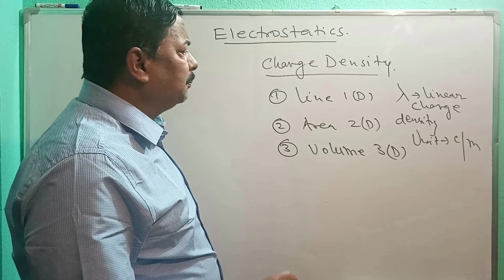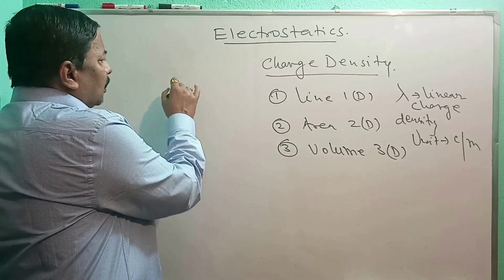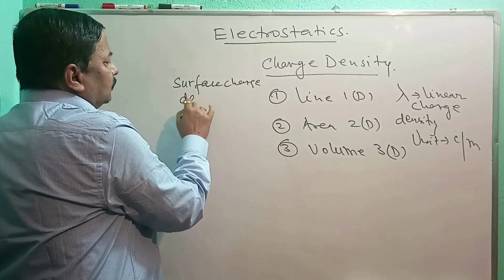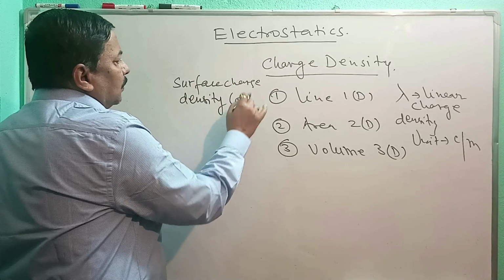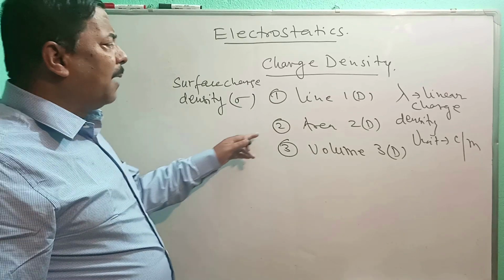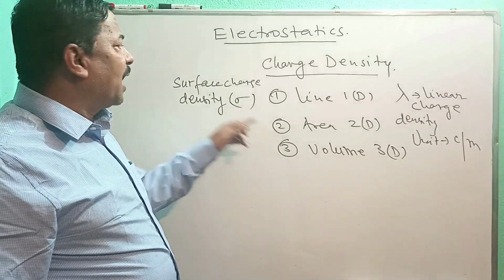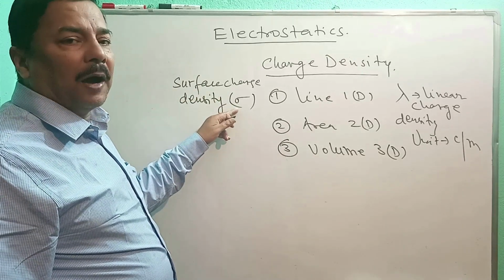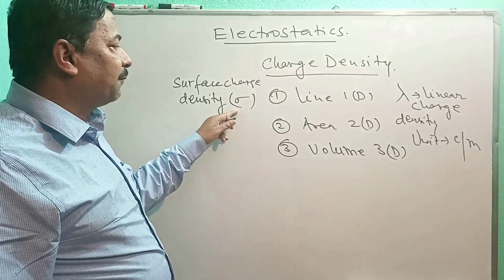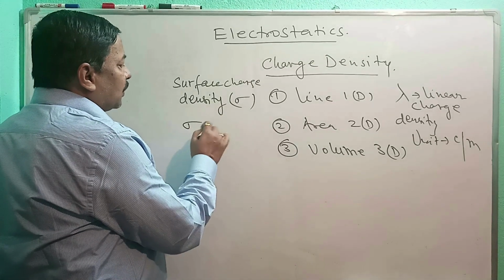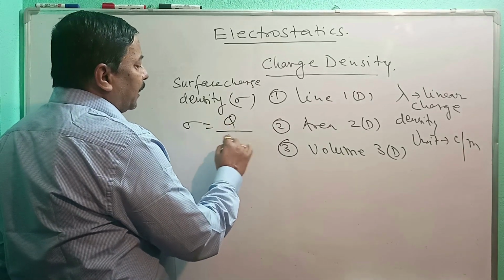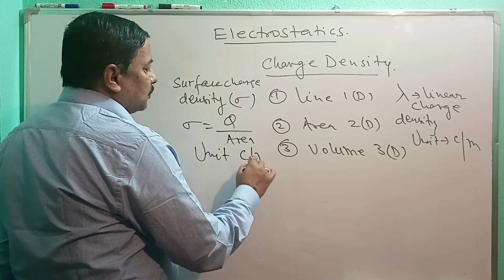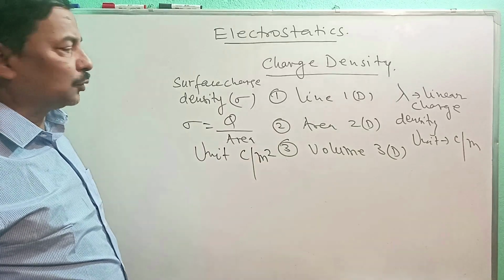Second is area. When the charge is distributed over an area, then we call it surface charge density. The symbol is sigma. So sigma is equal to Q by area, and unit is coulomb per meter square.